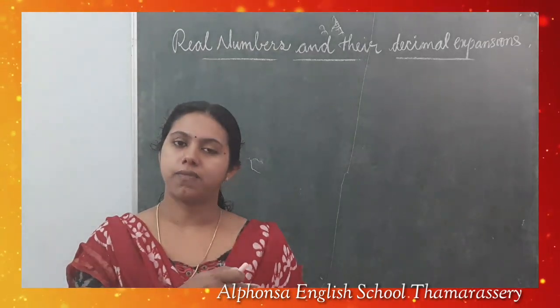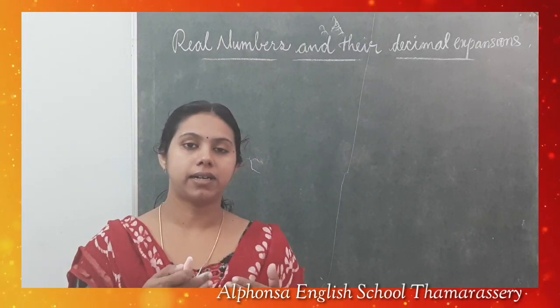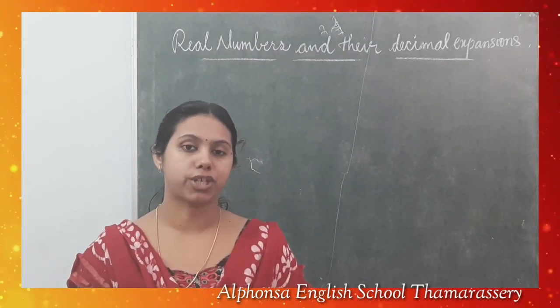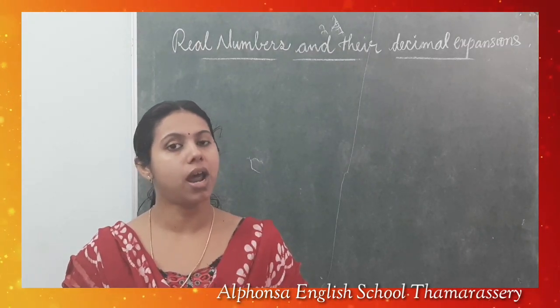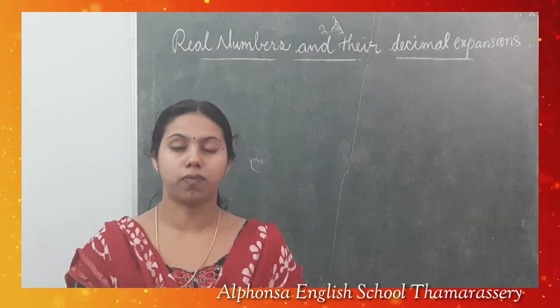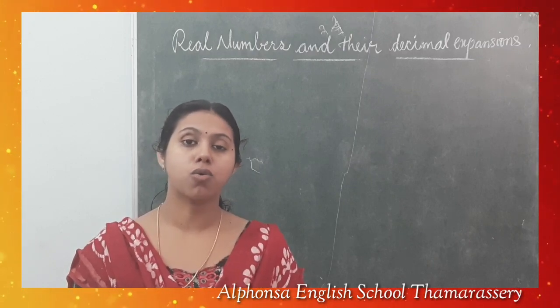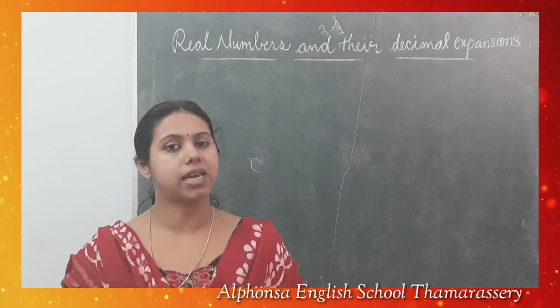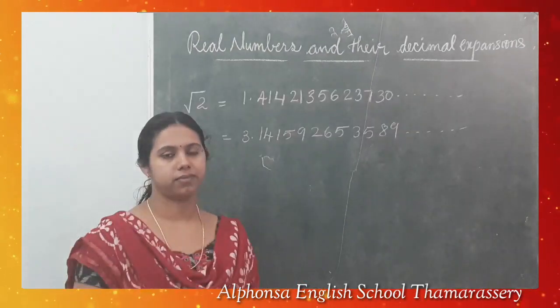First we saw that the decimal expansion of a rational number is terminating or non-terminating recurring. Now we see the converse of that: a number whose decimal expansion is non-terminating recurring is rational.